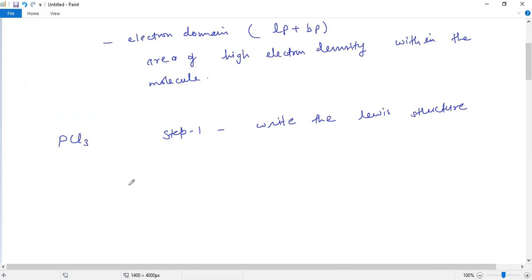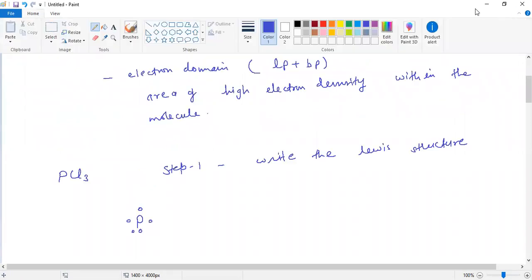Now we know that phosphorus contains 5 valence electrons. Out of the 5, 3 are being shared to form 3 covalent bonds with 3 chlorine. So I can say like that, and here I can take chlorine like that.